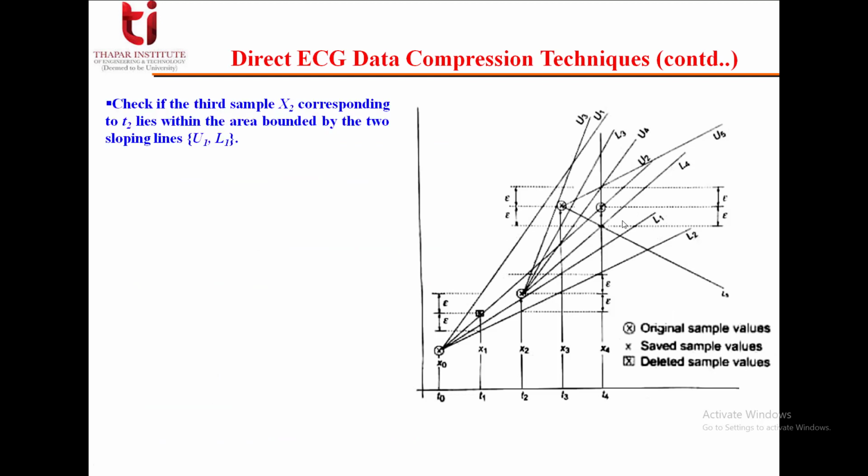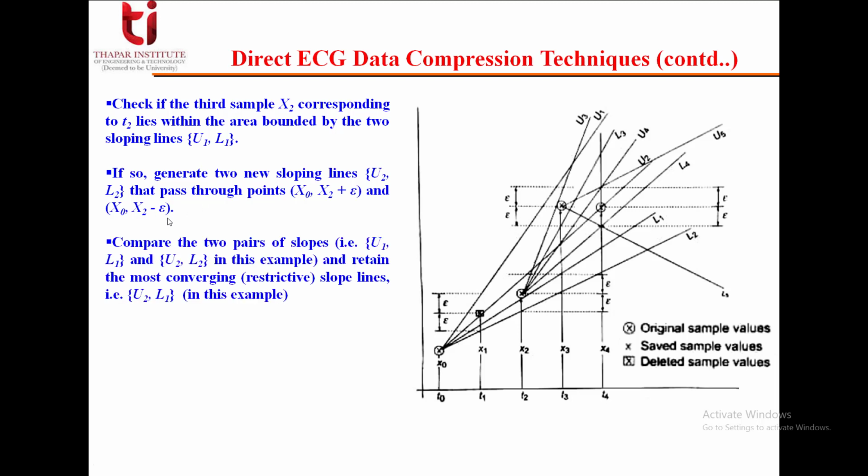Check if the third sample, x2, corresponding to time t2, lies within the area bounded by the two sloping lines, U1 and L1. If so, we generate two new sloping lines, U2 and L2, that pass through x0 and x2 plus epsilon, and x0 and x2 minus epsilon, respectively.